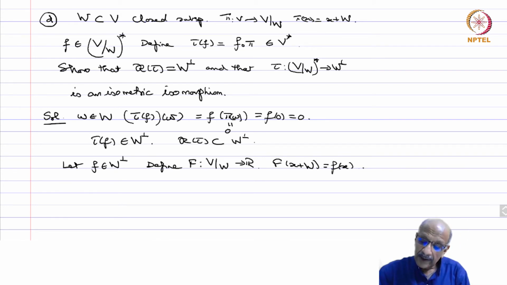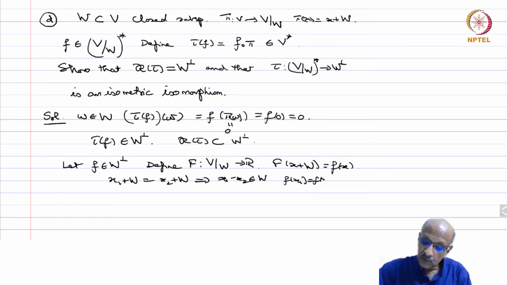So now again we have to check it's well defined, because when we take F of x plus W equals f of x, we are depending on the representative from the coset which we are taking, and we have to show that it is the same. So if x1 plus W equals x2 plus W, this means that x1 minus x2 belongs to W. So f of x1 equals f of x2.